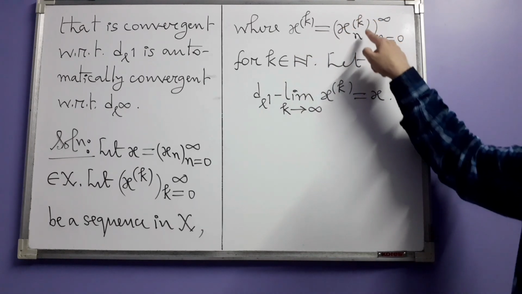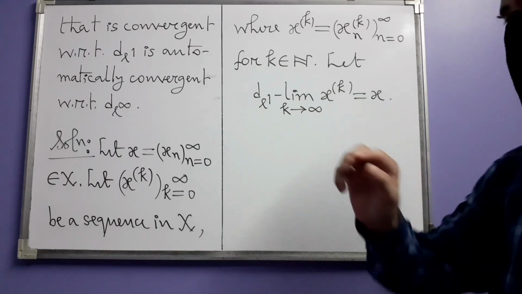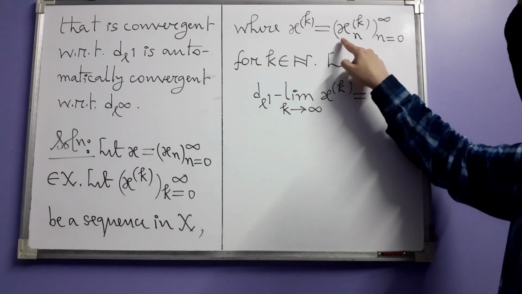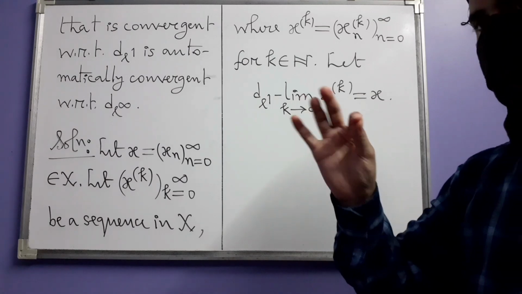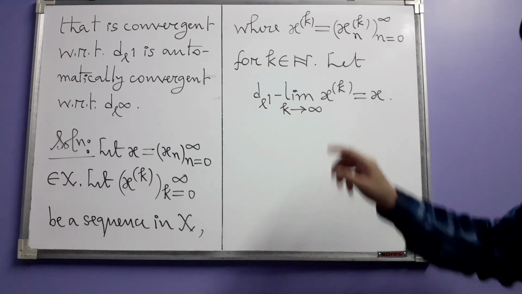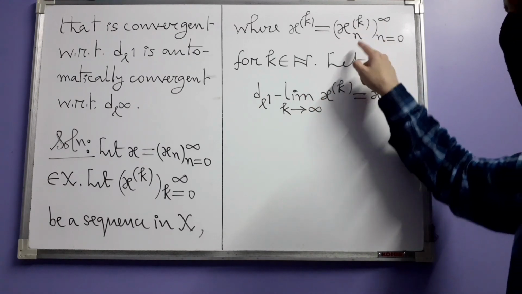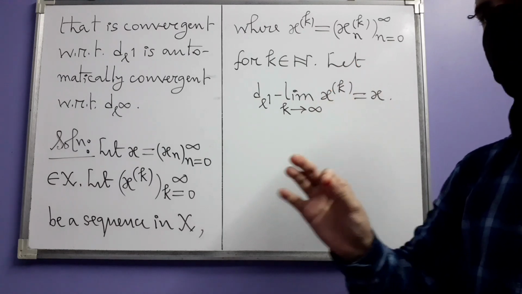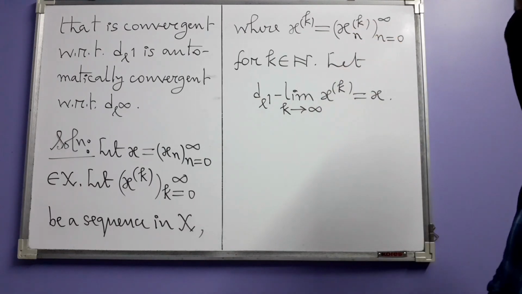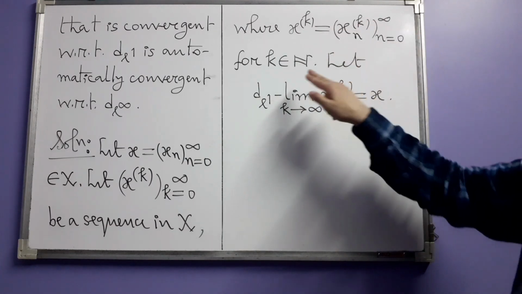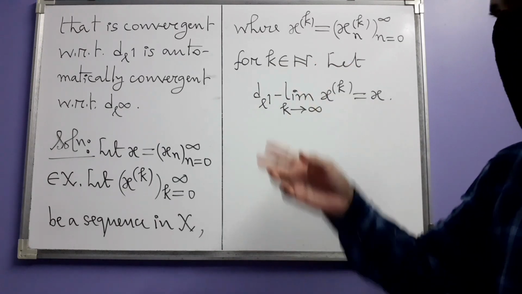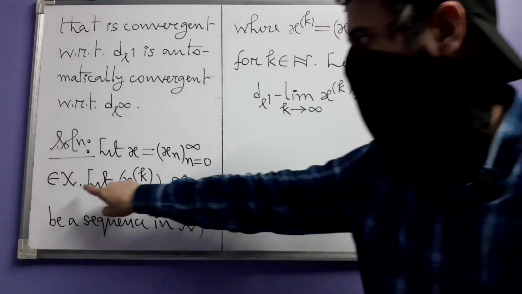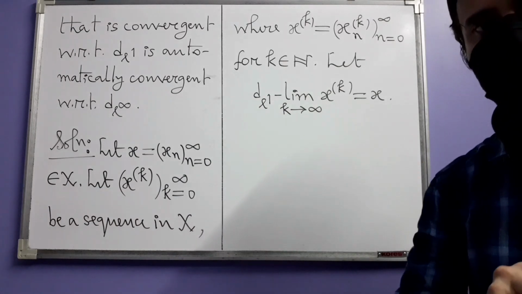This is where we use superscript so that we can keep track of the entire sequence and the terms in that sequence. So this xkn means the nth term of the kth sequence, and this is true for any k in N. As you change k, you get different points in X which themselves are sequences.